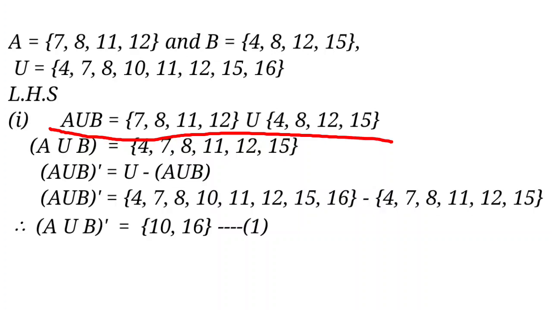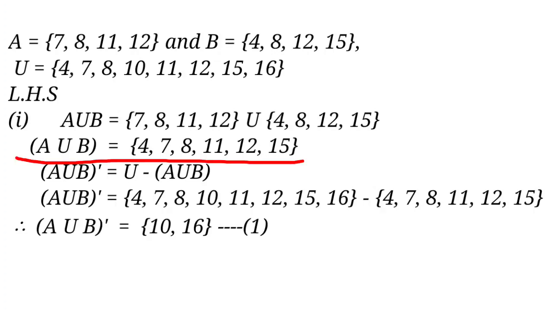We know the concept of union of two sets: the set of all elements in A, in B, or in both. Therefore, A union B is equal to {4, 7, 8, 11, 12, 15}.